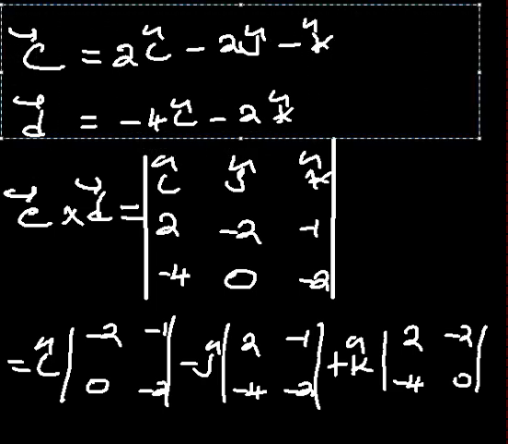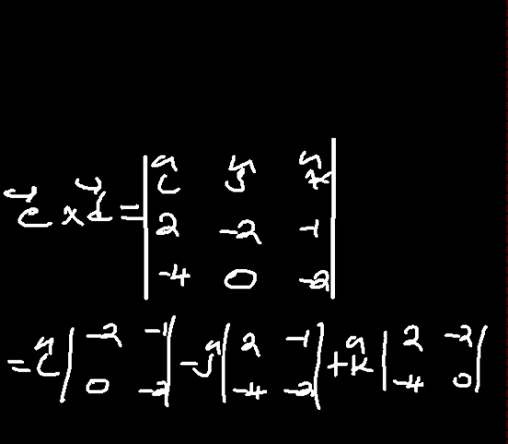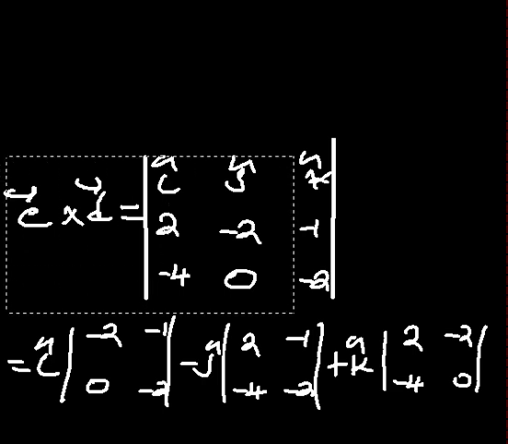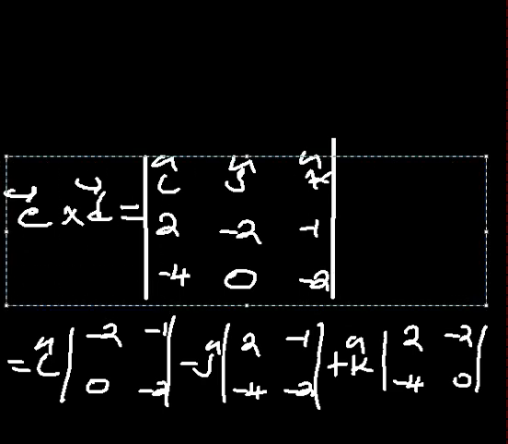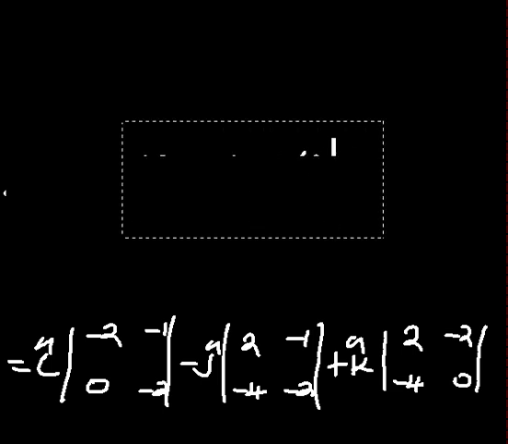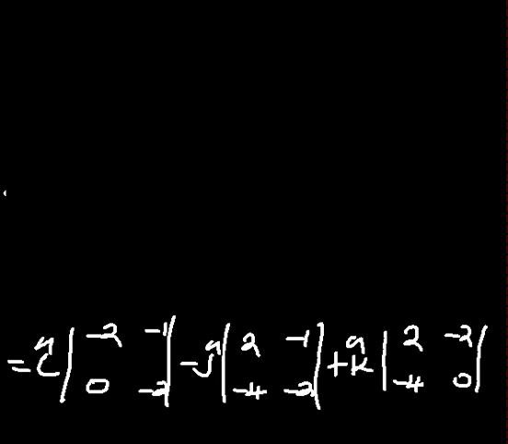So it should be like that. Now in this case the I component is given as -2 times -2, which is 4, and 4 minus 0 times -1, actually it should be minus 0.